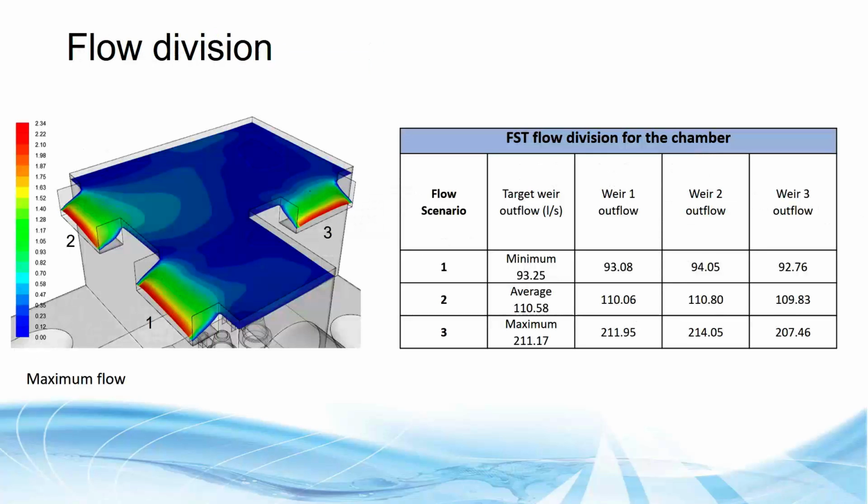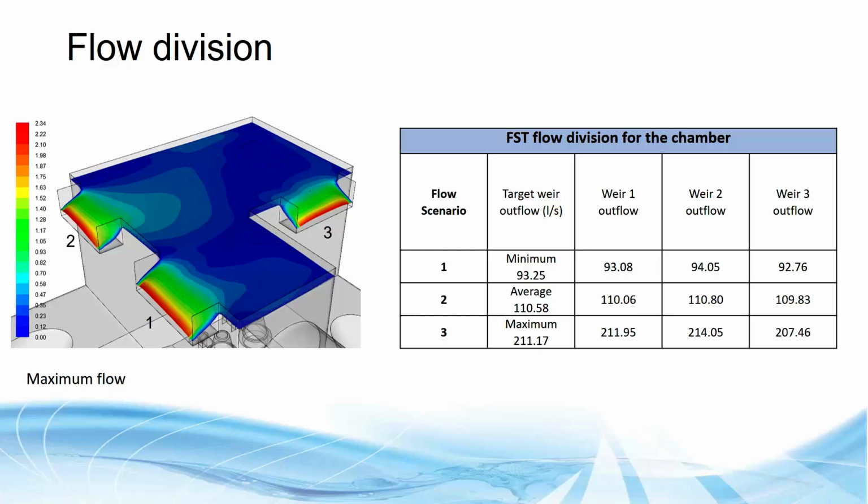And now in terms of results, at maximum flow we found, this is a velocity contour plot from the CFD analysis, and that's a table containing the flow split for all 3 inflow scenarios. Let me see, based on the velocities, the velocity across within the water across each weir was quite comparable, but as we analysed the data we found that the inflow was well within plus or minus 5%.